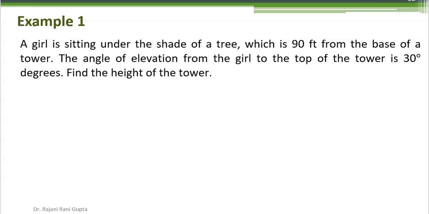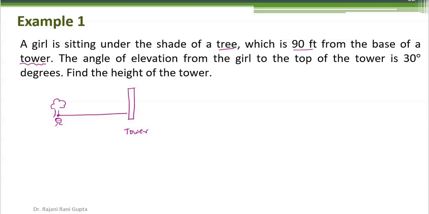So there is a tree, and a girl is sitting over there. There is a tower somewhere, at some distance from the tree. So this is your tower, and the girl is sitting here.